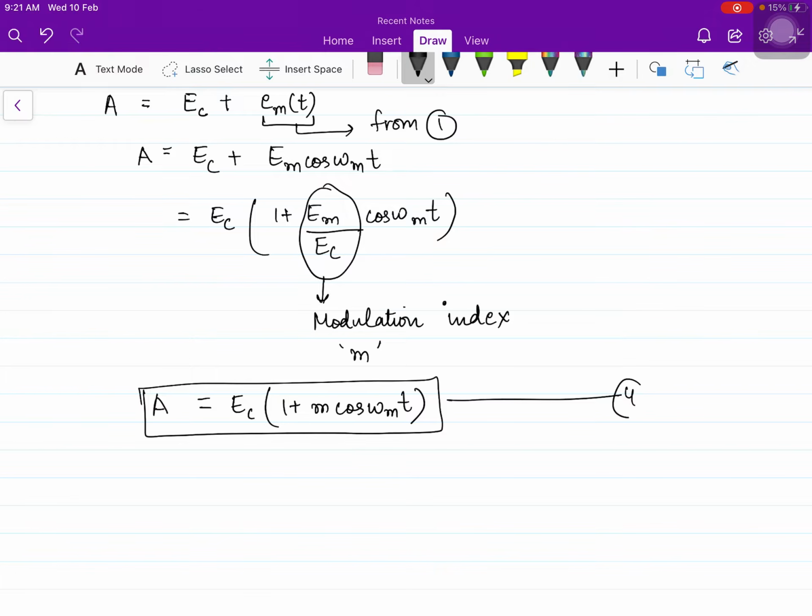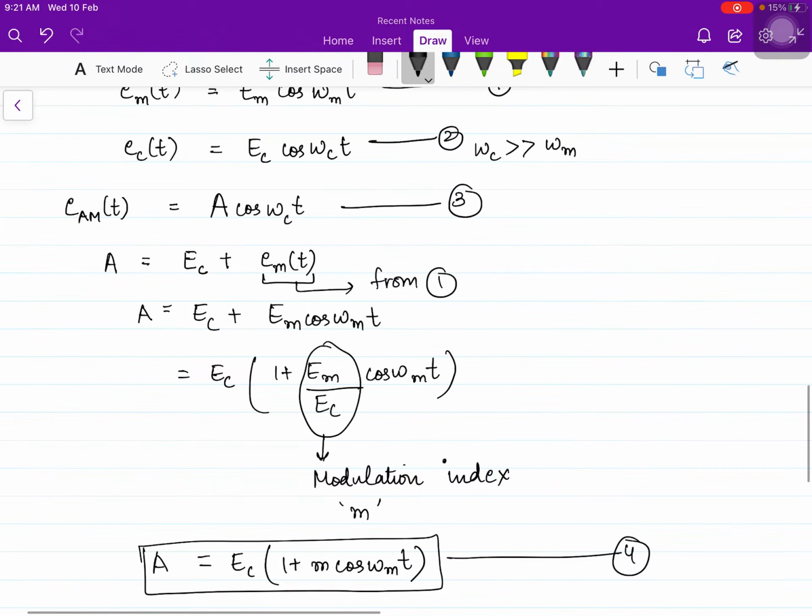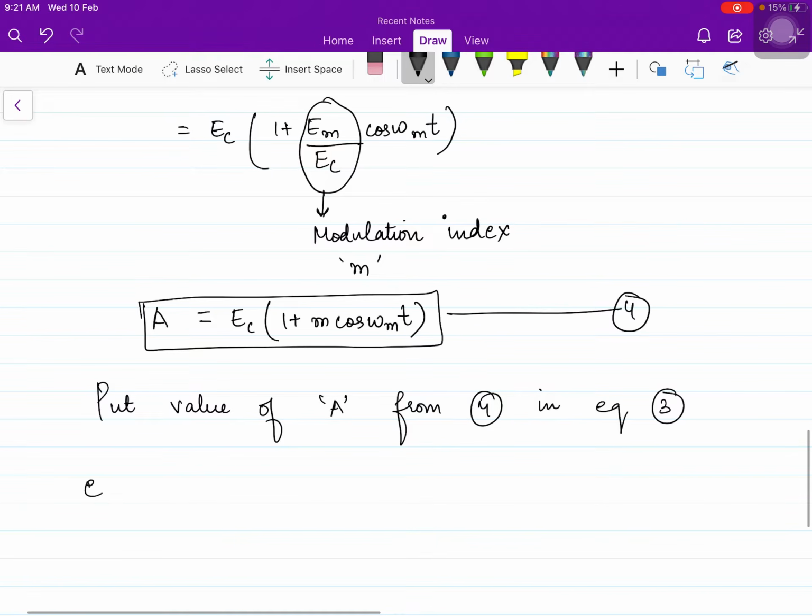Now I will put it in equation 3. Put value of A from 4 in equation 3. And equation 3 is e_AM(t) is equal to A cos omega c t. And what is A? Let's put it: Ec times 1 plus m cos omega m t, into cos omega c t.